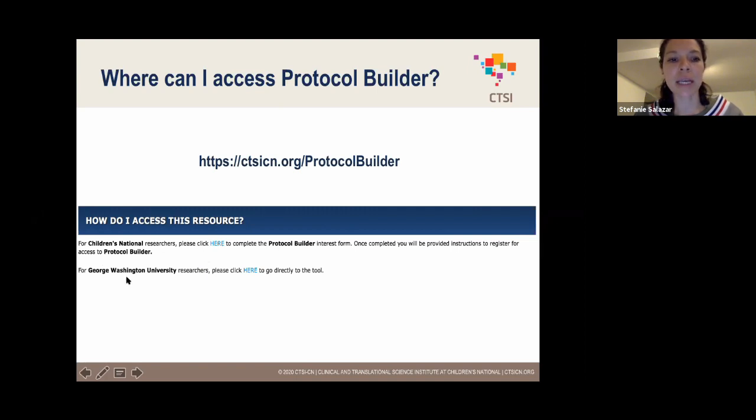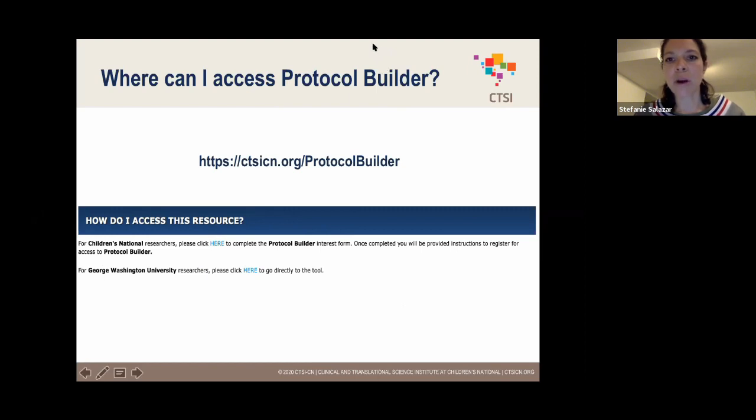There'll be a link to each of the access points for both institutions. For Children's, you click here, you'll have a very short interest form to fill, and then you'll get access to the tool.